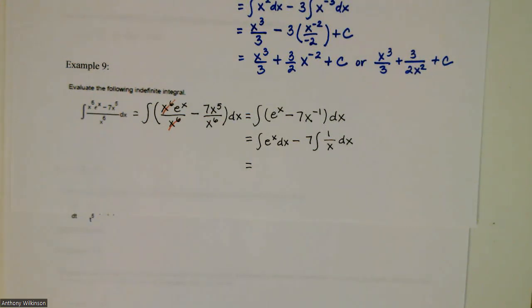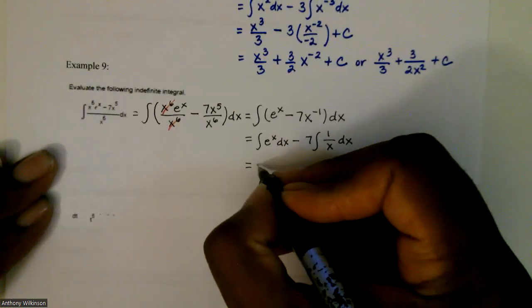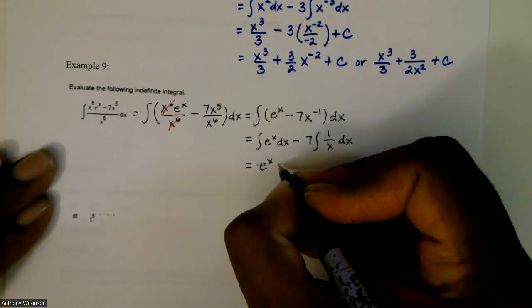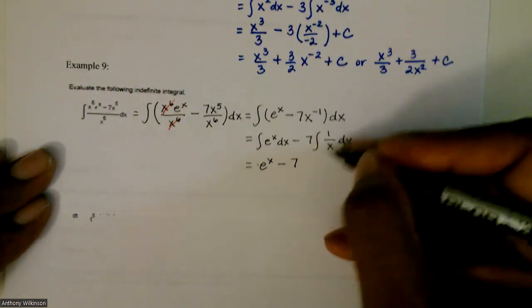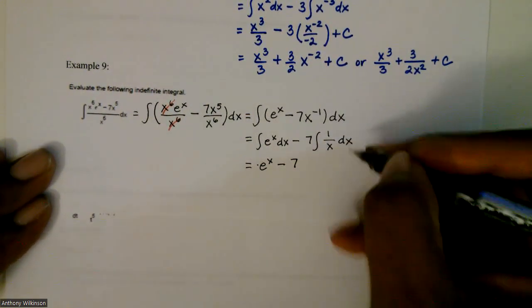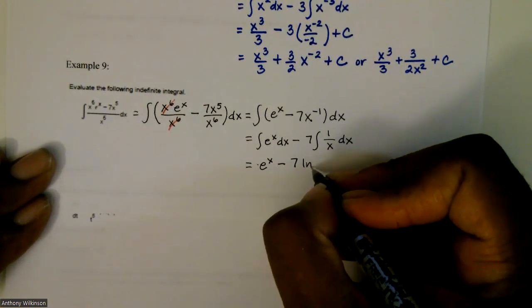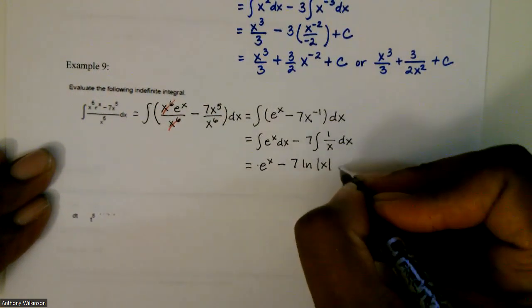Now, let's integrate each part. The integral of e to the x dx, that's the simplest one to take. That is e to the x. And then minus, I'll bring down the 7. The integral of 1 over x dx, if you recall, that will be the natural log of the absolute value of x.